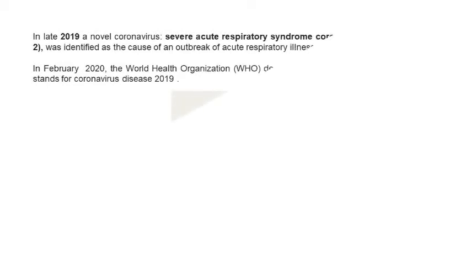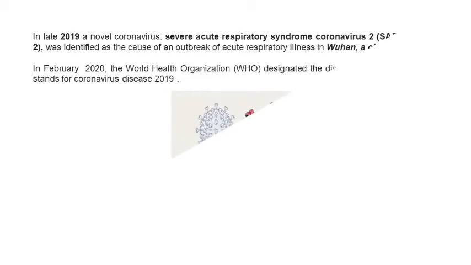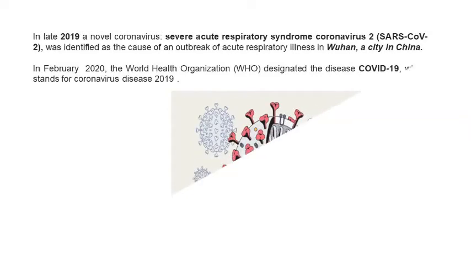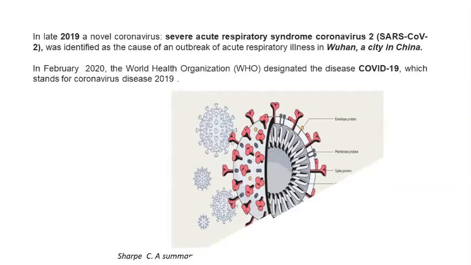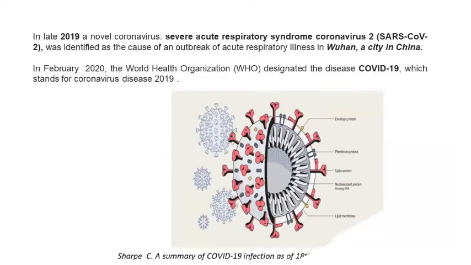As you know, in late 2019, a novel coronavirus was discovered, and it started to cause an epidemic and later on declared as pandemic in 2020 by the World Health Organization. Its name is Severe Acute Respiratory Syndrome Coronavirus 2, and hence the name SARS-CoV-2. And it started, as you know, in Wuhan, in China.